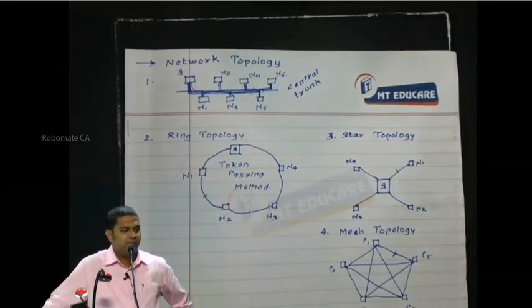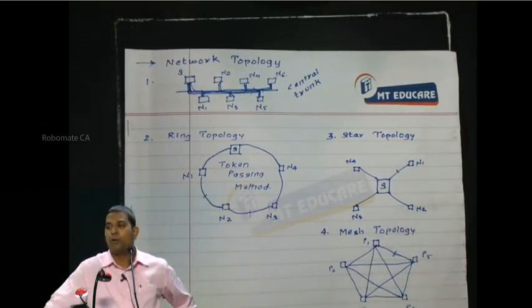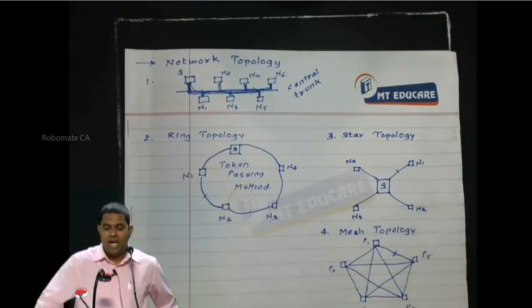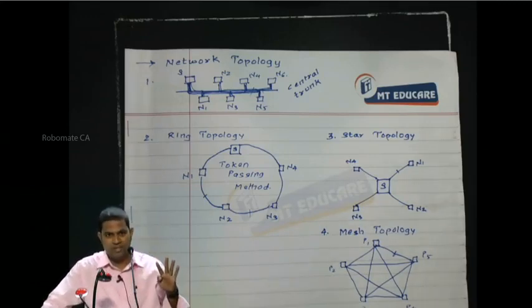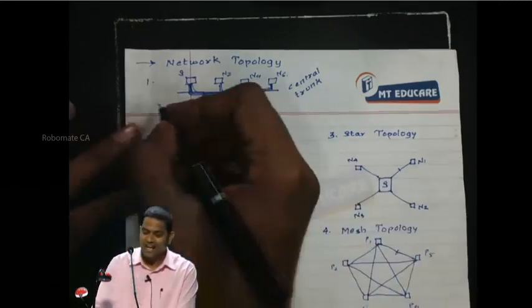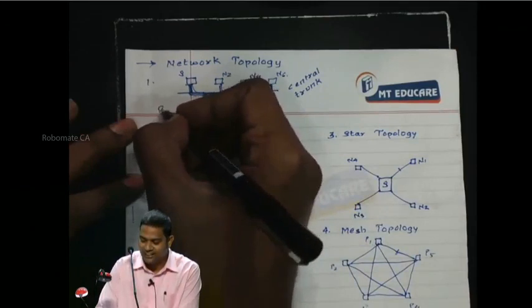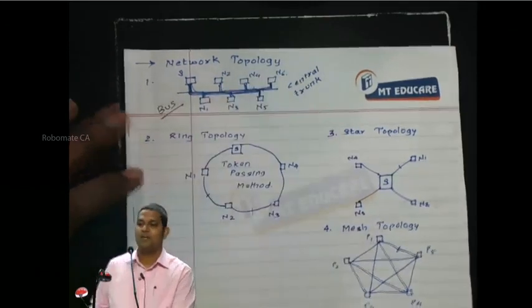Early morning today, when we started with the lecture, I started with the topic of network topologies. I taught you four different topologies. I forgot to mention that this is the first topology.